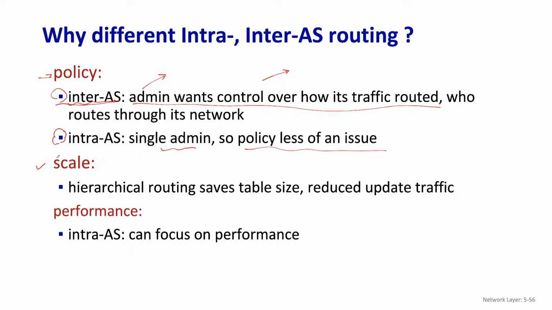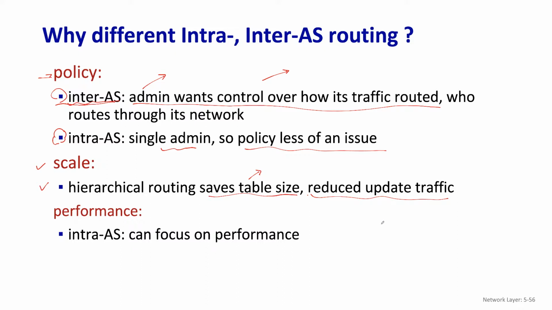The other thing here is scale. Hierarchical routing reduces the table size, and whenever you reduce the table size, you reduce the update traffic, so you don't need to do that many updates.